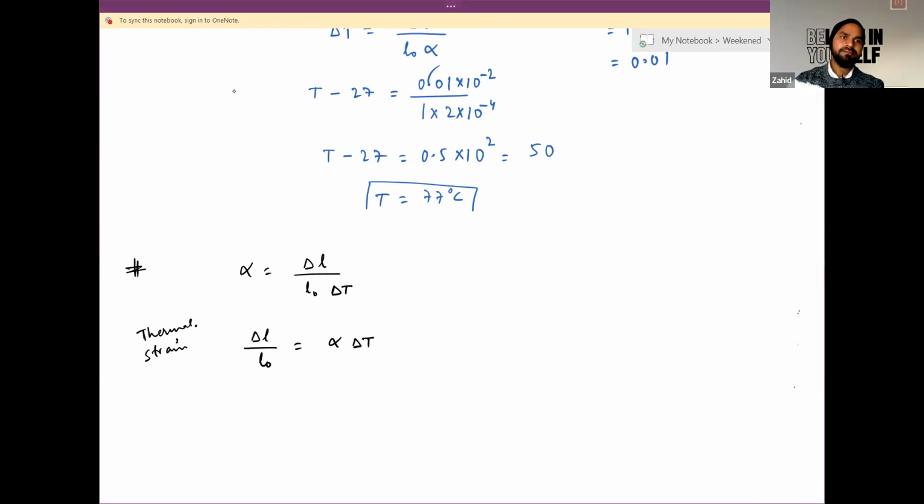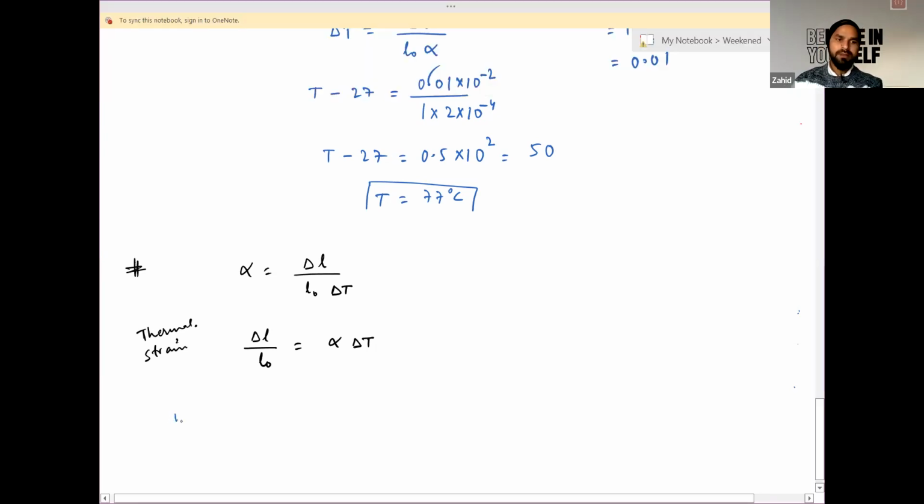Next, thermal stress equals Young's modulus times strain.